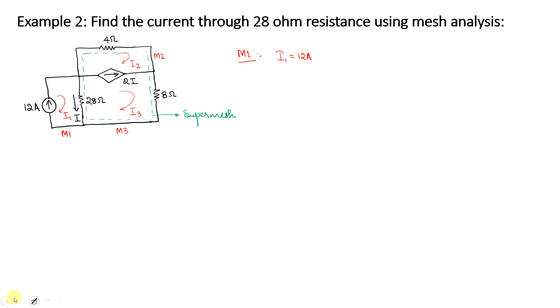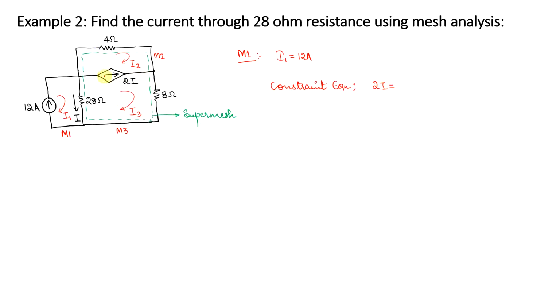Now let me write the equation for the constraint. The constraint equation, as I told you earlier, is a relationship between the mesh current and this particular current source. So you will have the constraint equation as 2I equal to, look at the direction of this current source.